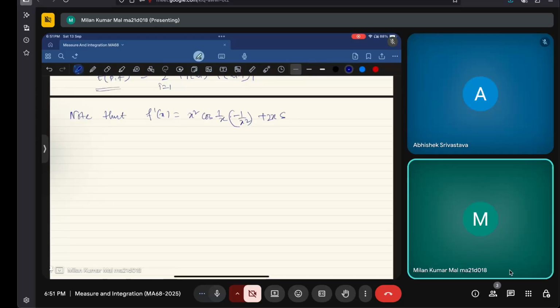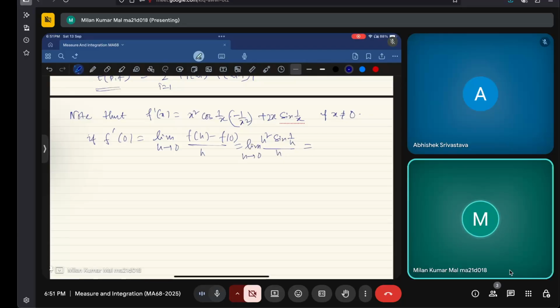That holds if x is not equal to 0. If x equals 0, what is the derivative value? f'(0) is the limit as h tends to 0 of f(h) minus f(0) by h, which equals h square sin 1 by h over h, which is the limit as h tends to 0 of h sin 1 by h, that is equal to 0.